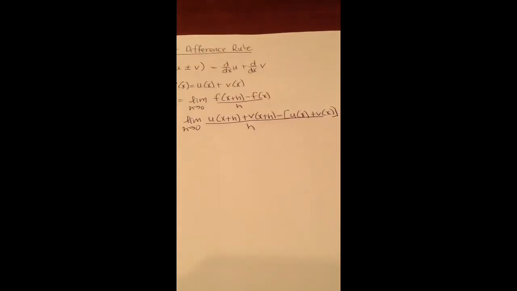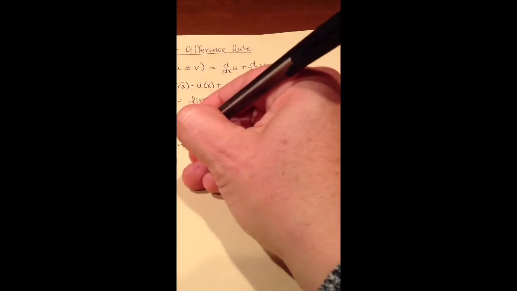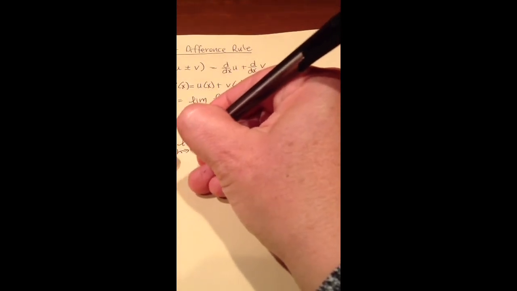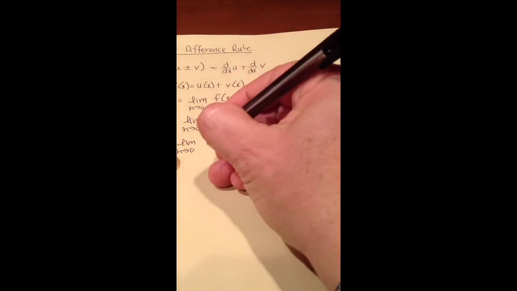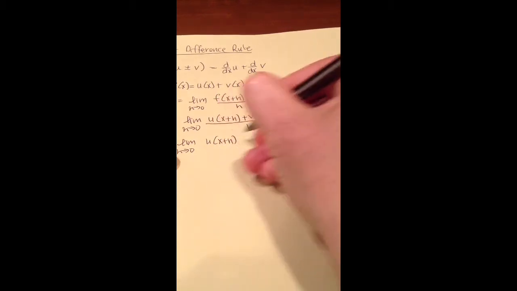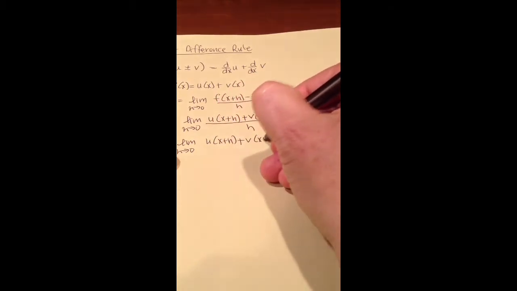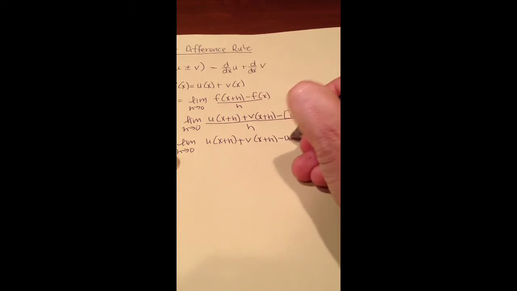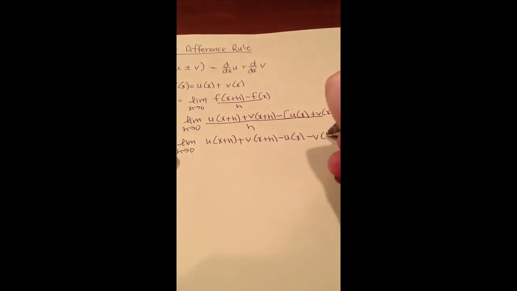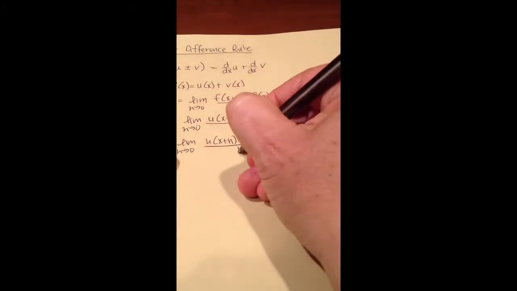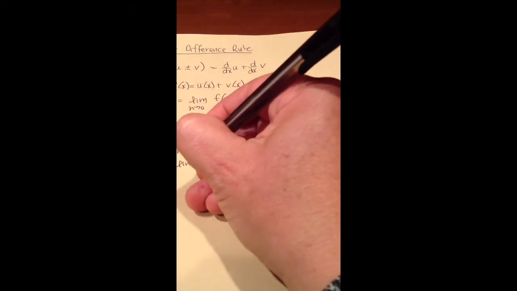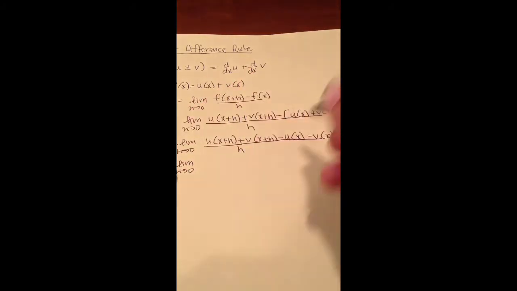h. Okay, so now that's going to give me the limit as h approaches 0. If I distribute out this negative, I'm going to get u of x plus h plus v of x plus h minus u of x minus v of x over h.